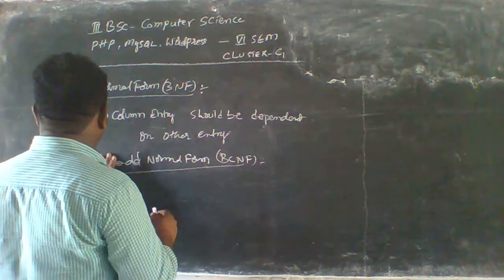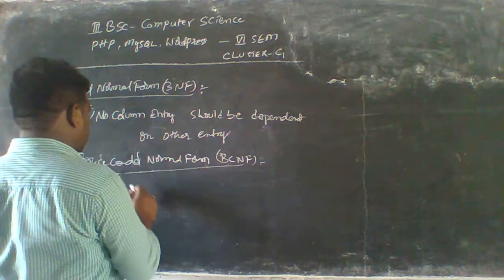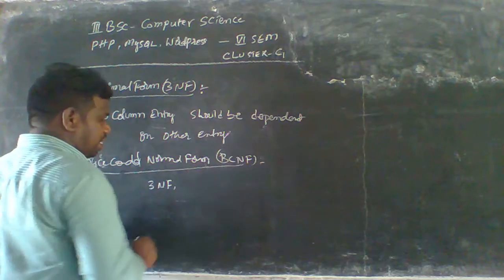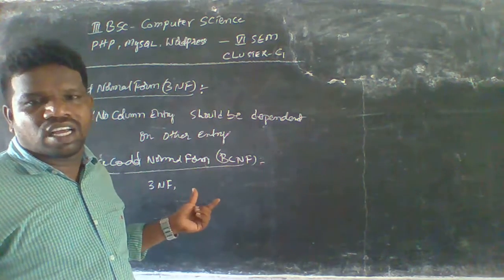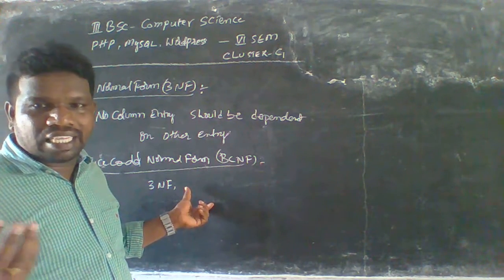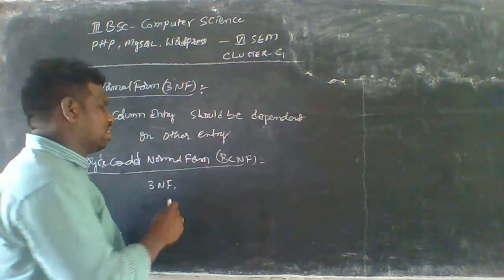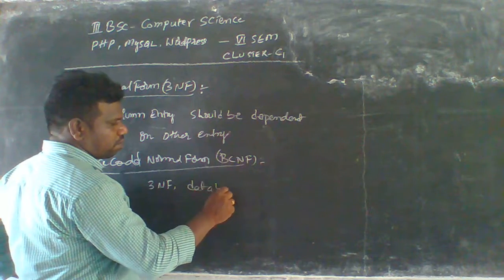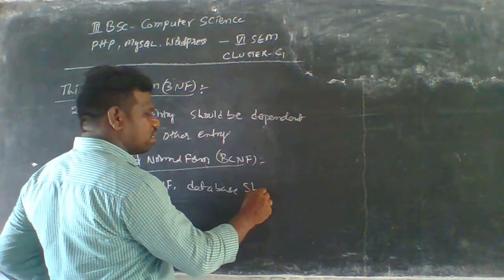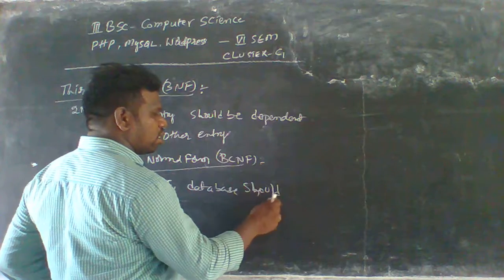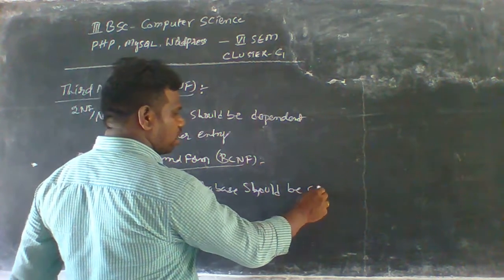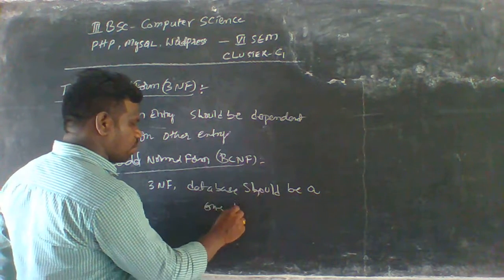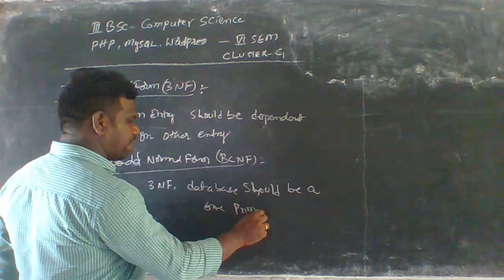So here, 3NF, and the tables in the database should have only one primary key.